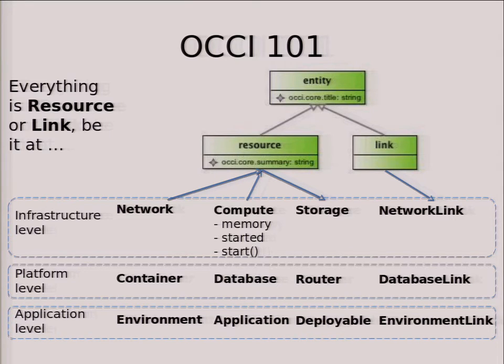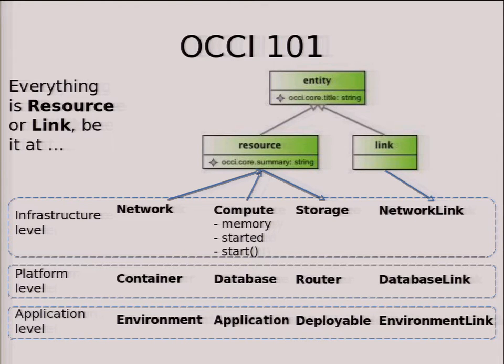OCCI is very simple. OCCI stands for Open Cloud Computing Interface. In OCCI, everything is either a resource or a link. At infrastructure level, it means, for instance, compute resources, that's virtual machines, storage resources, that's disks, and network resources. And links at infrastructure level would be storage links that provide a disk to a virtual machine, a storage to a compute.